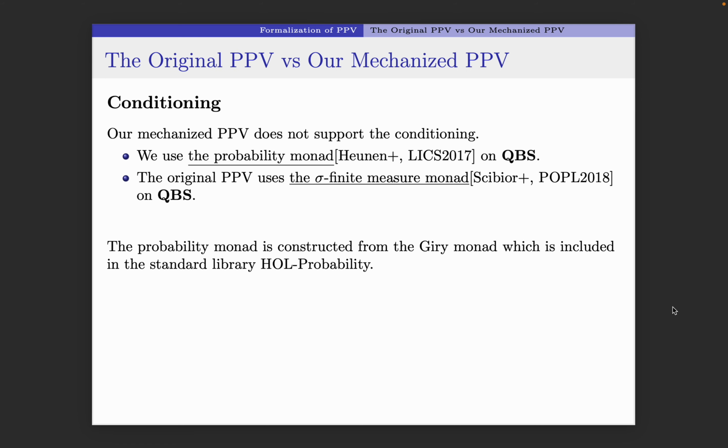And finally, we review the difference between the original PPV and our mechanized PPV. The first difference is about conditioning. Our mechanized PPV does not support the conditioning because we use the probability monad on QBS, while the original one uses the sigma finite measure monad on QBS.